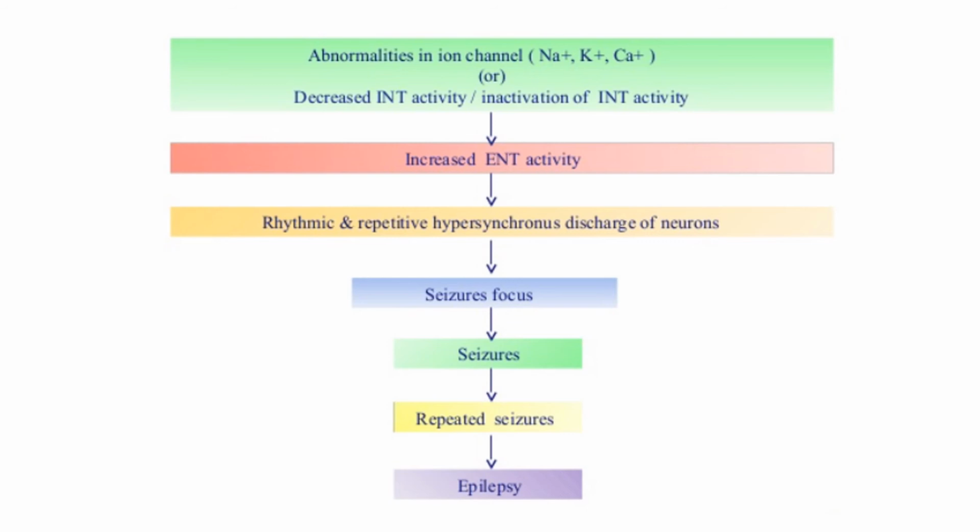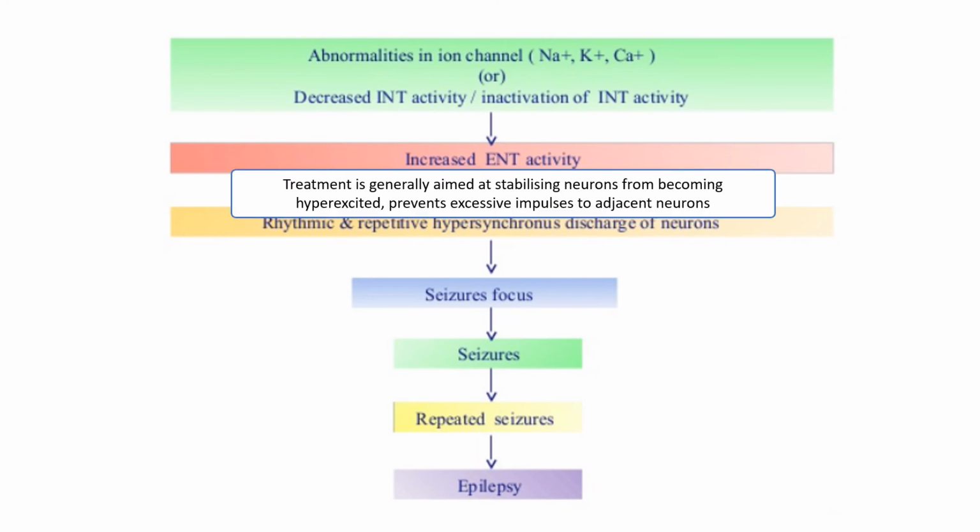All of this will result in an increase in excitatory neurotransmitter activity, leading to a rhythmic and repetitive hypersynchronous discharge of neurons, or rather the development of a seizure focus, which causes a seizure attack, which can manifest itself by several signs or symptoms, including staring into space or having abnormal jerky movements, or even something as simple as repetitive movement, smacking your lips and whatnot.